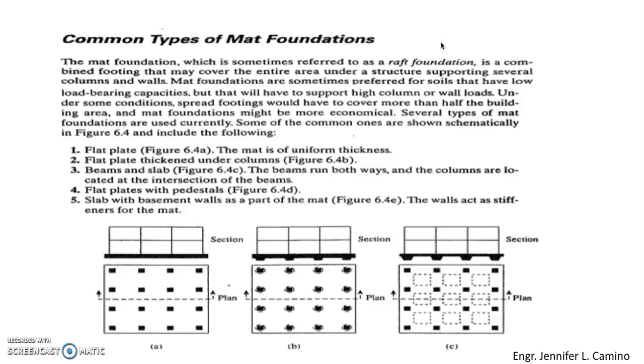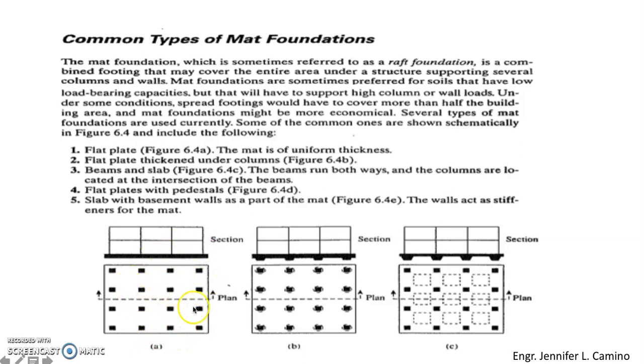Therefore, an engineer designing a building with a basement will tend to choose a raft foundation over other types of foundation. Here we have the different common types of mat foundation. First, a flat plate.